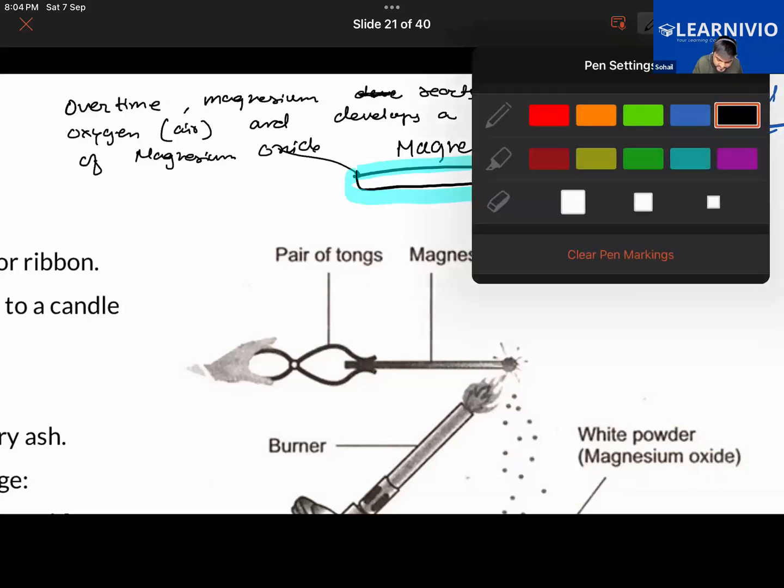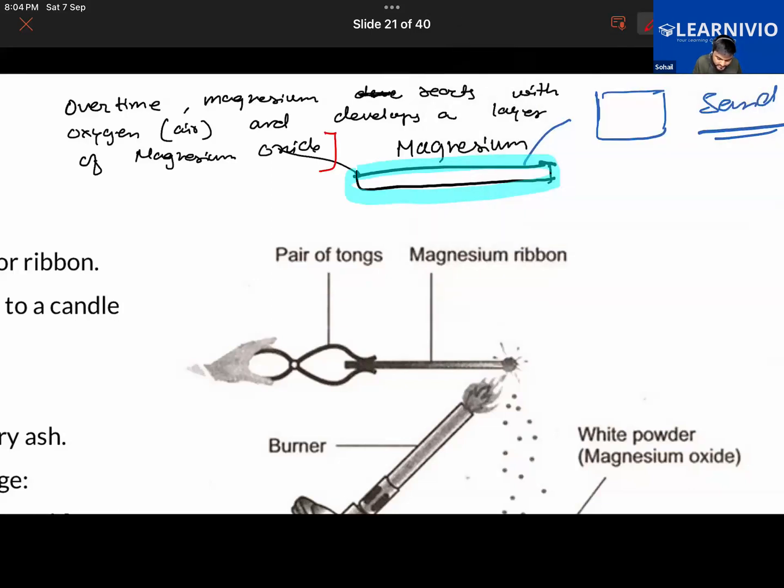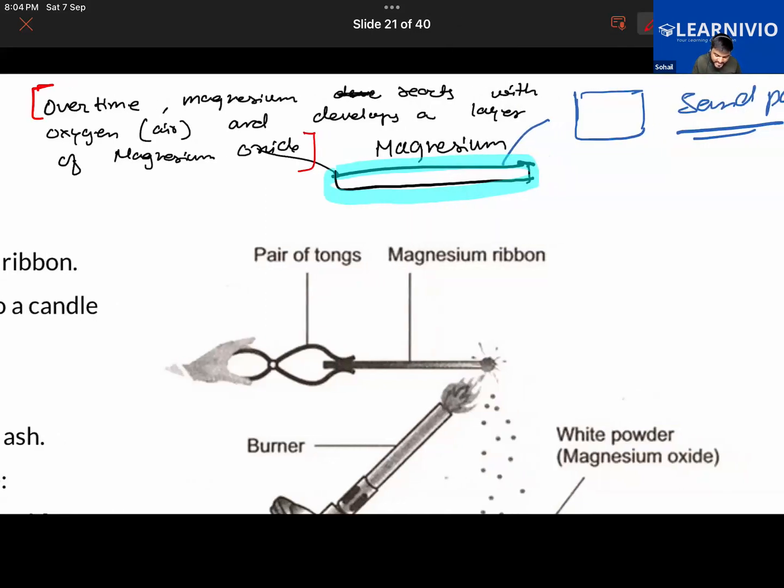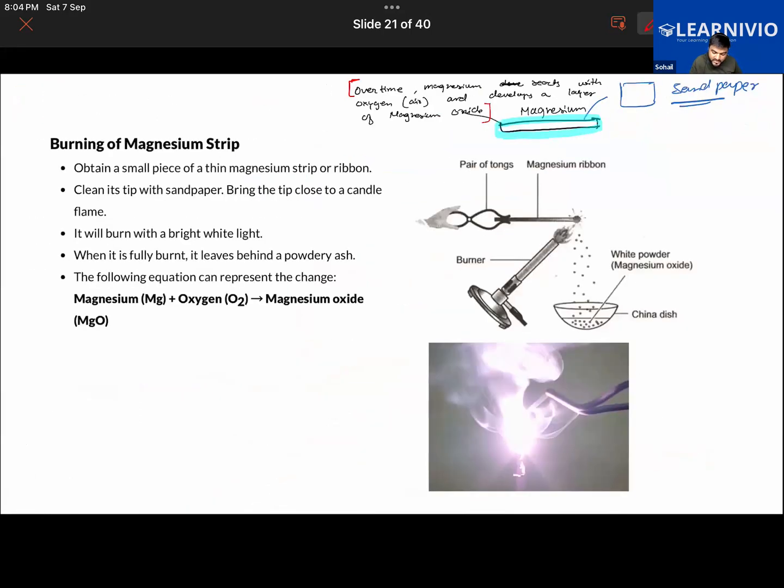So that is the reason why it is important to clean it with a sandpaper, so that we can remove that layer of magnesium oxide from it to burn it properly.